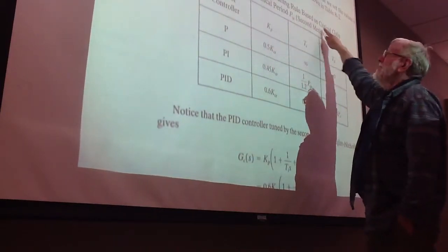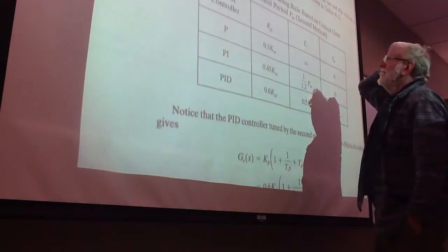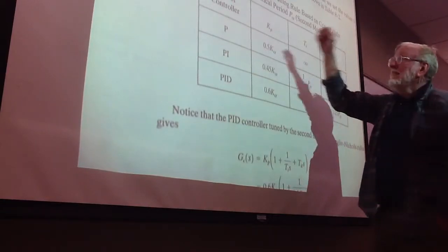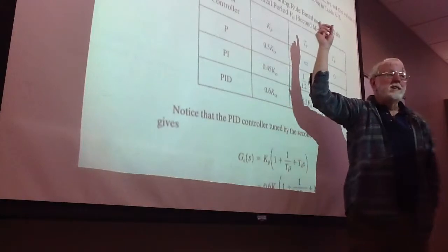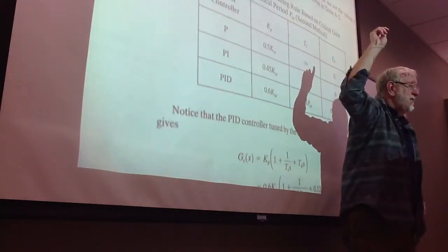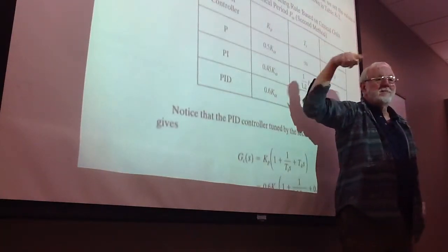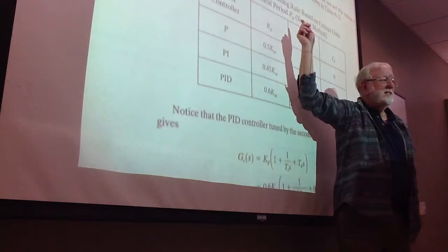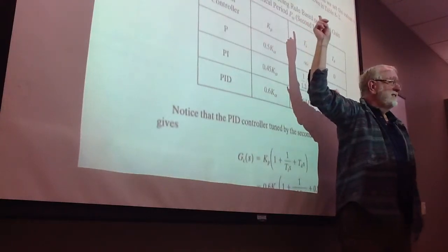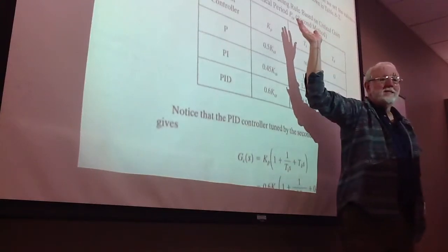This is based on the critical gain and the critical period. These things you can get easily from what? Root locus. Easier than root locus. Relay response.